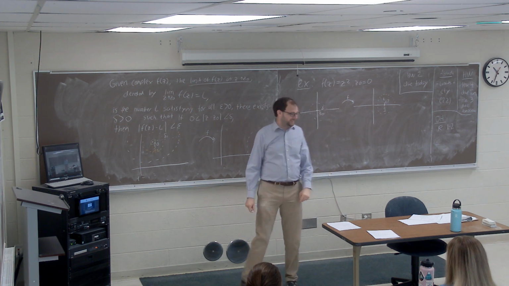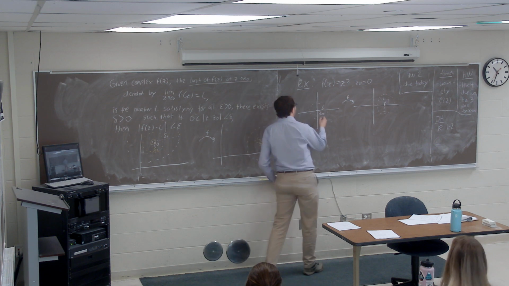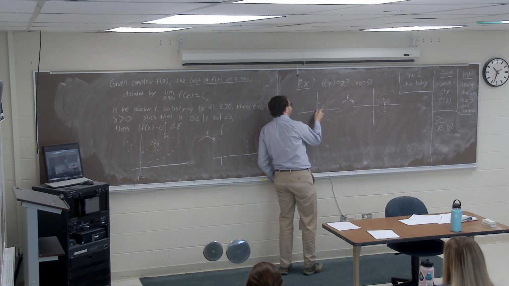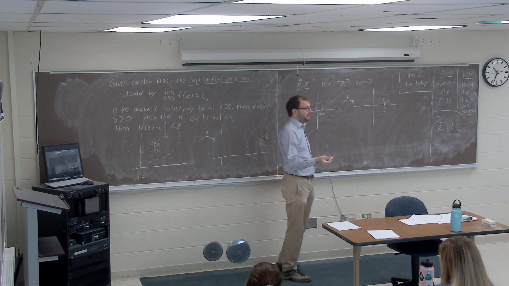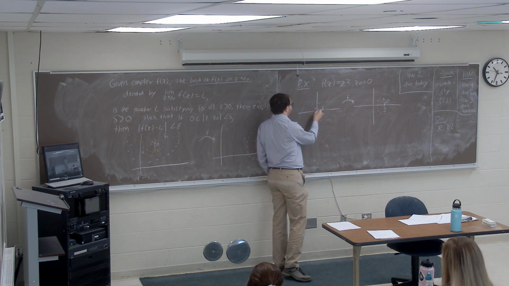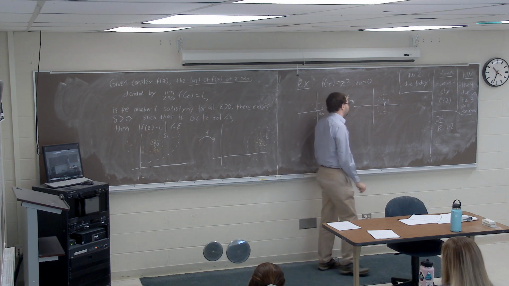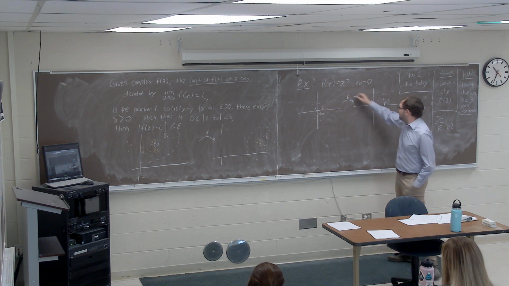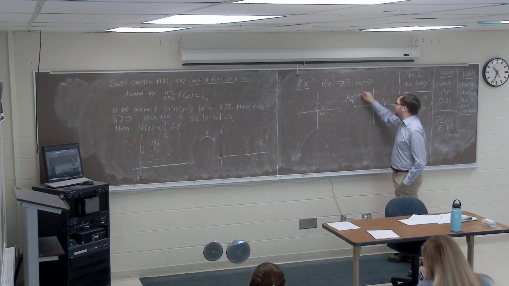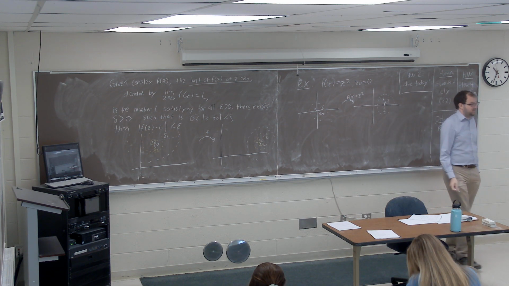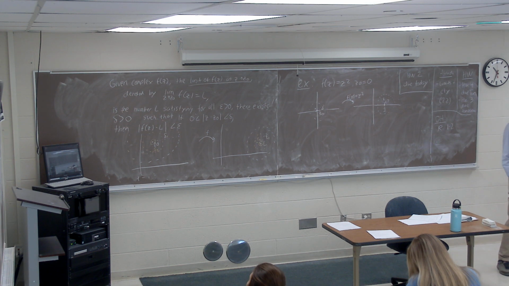The idea being, no matter how small a delta neighborhood I draw over here, I'm always going to get points that are really close to 0, right? If we're looking at values of z that are really, really close to 0, if we plug that into the function f of z equals z squared, what are the outputs going to be really, really close to?